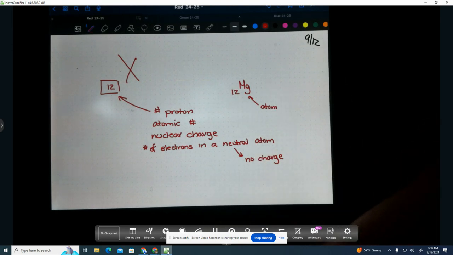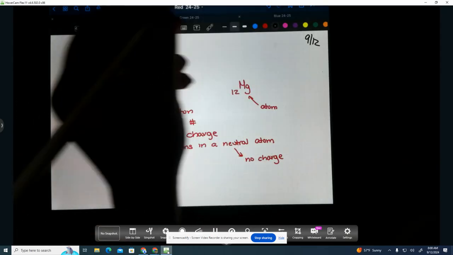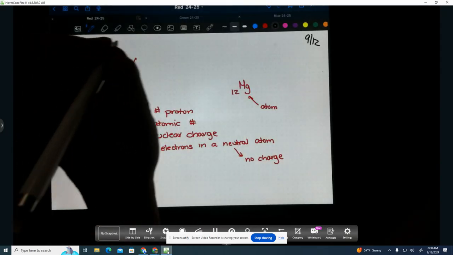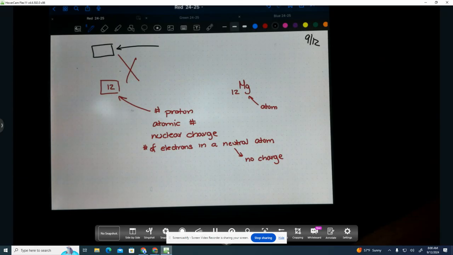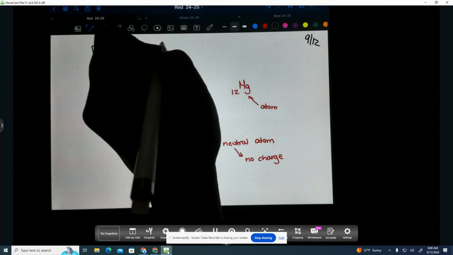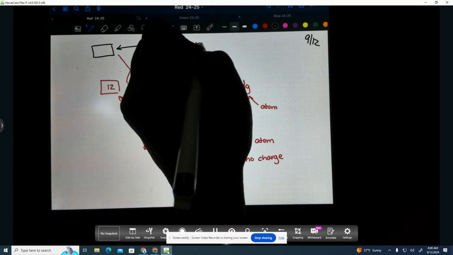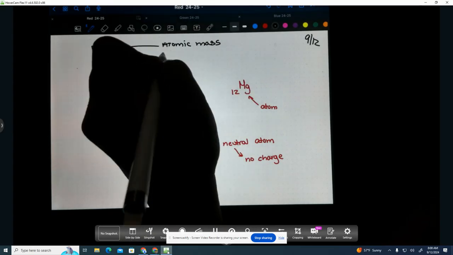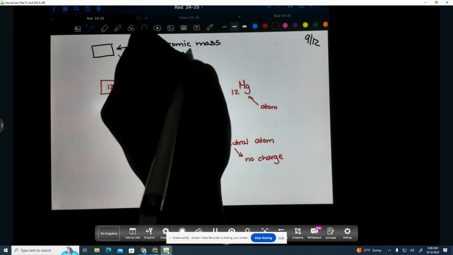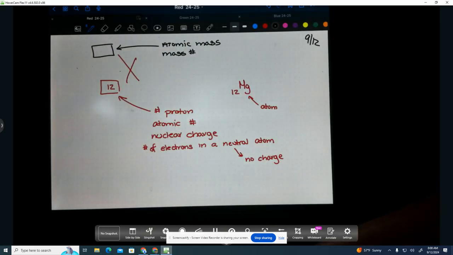Okay? All right, now let's deal with the number up in the upper left-hand corner. That number is called the atomic mass, or the mass number. Now, those are not the same.